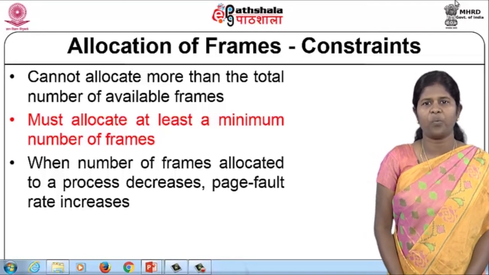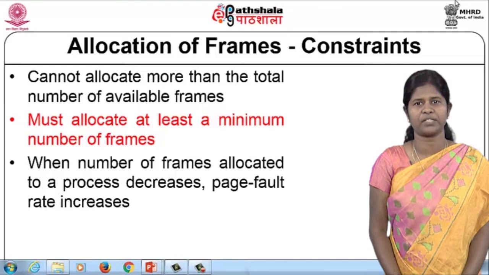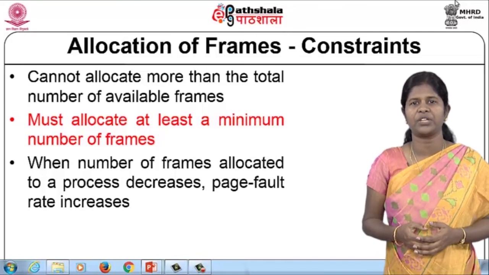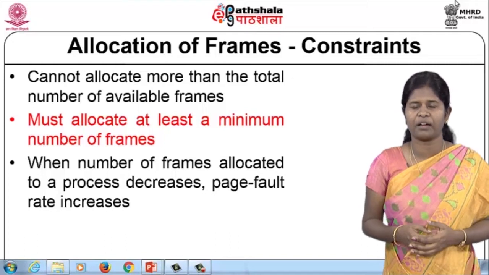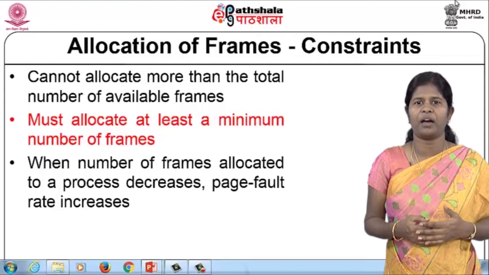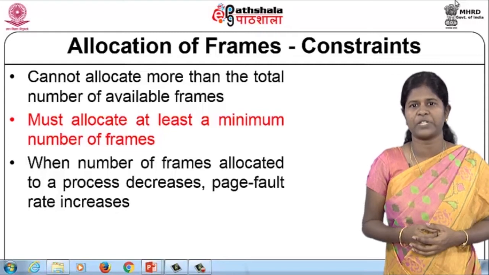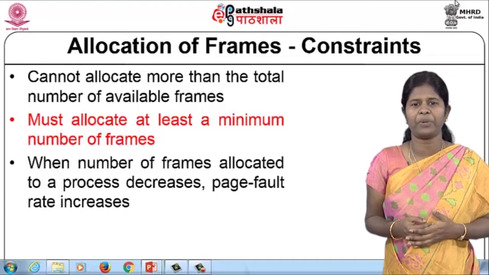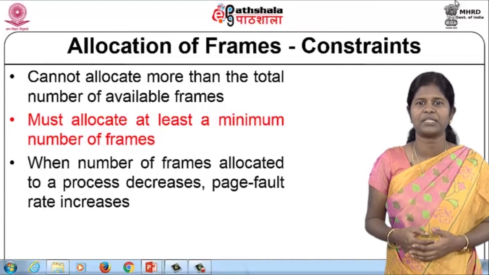When the process has fewer frames and there is a memory reference to a new page, page faults will occur, and that will call for page replacement algorithms, and then page faults again will increase, and so on.